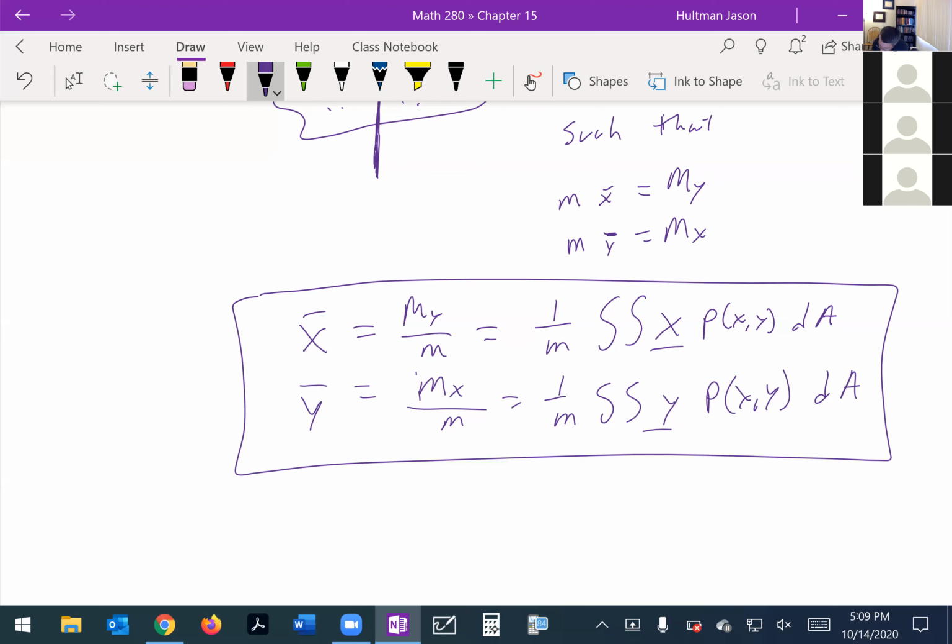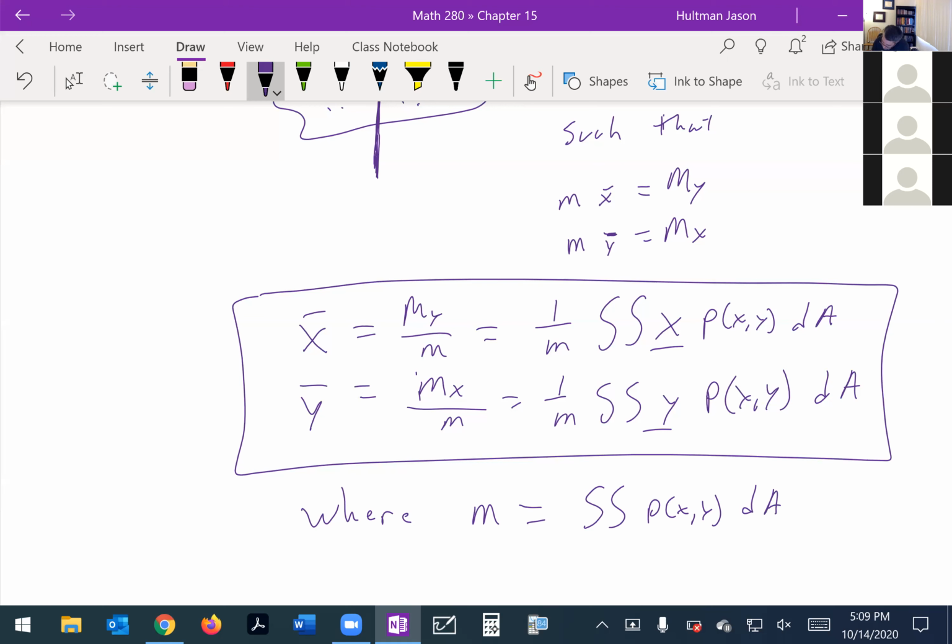Where M is equal to what? Well, this goes back to what we first talked about, the density function. M, the total mass of the lamina, the total mass of the surface, is just the integral over this region of the density function.